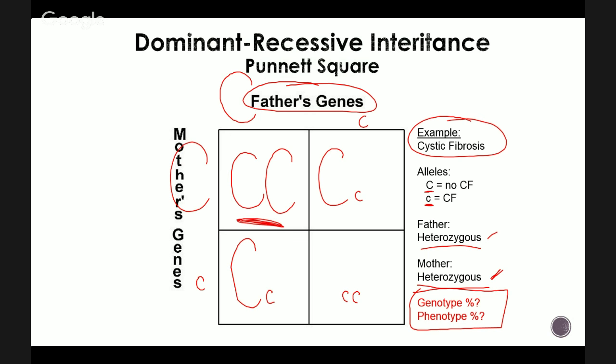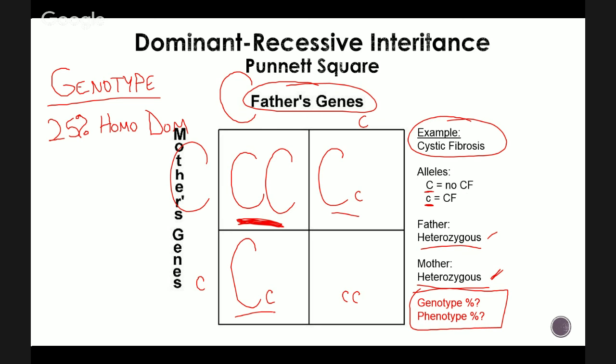We have a 25% chance that the genotype will be homozygous dominant, right?